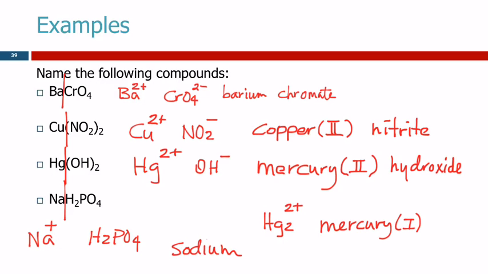And then we're going to look at what's left. That's a mess. This looks like phosphate with 2 hydrogens on it. That's what it is. It's dihydrogen phosphate. That's the one time you can use a Greek prefix in an ionic compound.